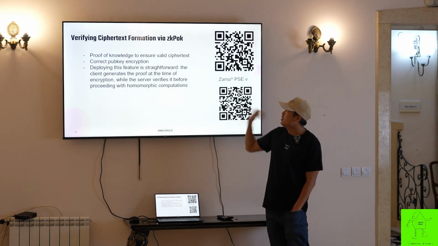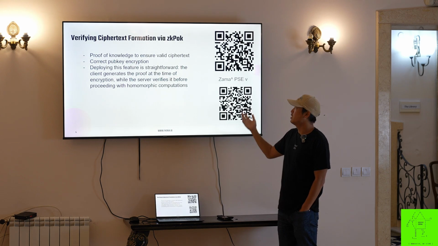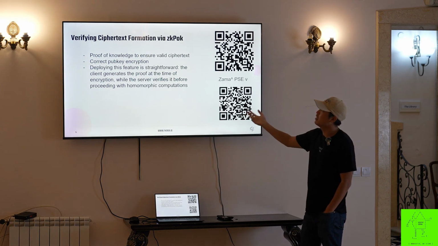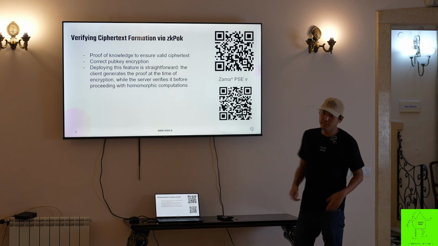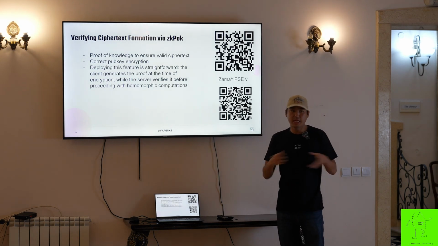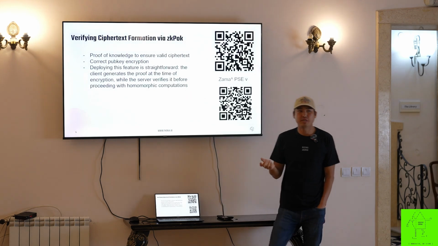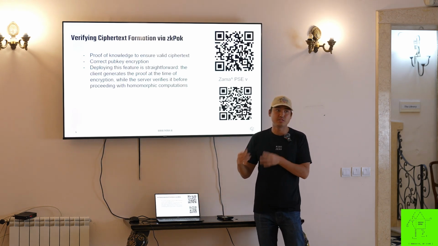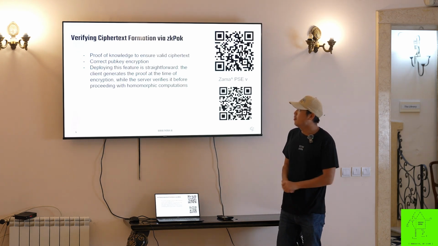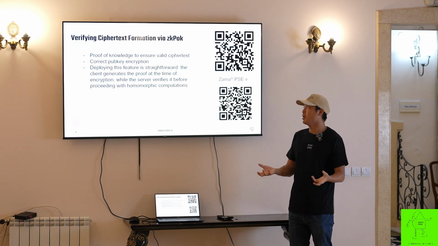You can use something like a zero knowledge proof of plaintext knowledge, or proof of knowledge essentially, to ensure that the ciphertext is valid, that the contents of the plaintext and the format of the ciphertext are correct, because a lot of FHE VMs are predicated on the fact that if you're verifying the state changes via the operations themselves, you can do this on the assumption that both of the ciphertexts you're operating on are valid.